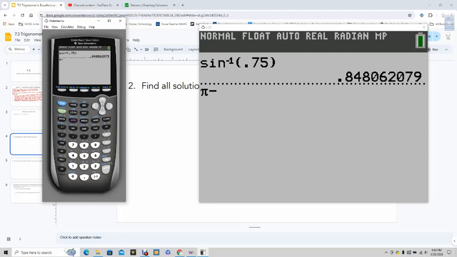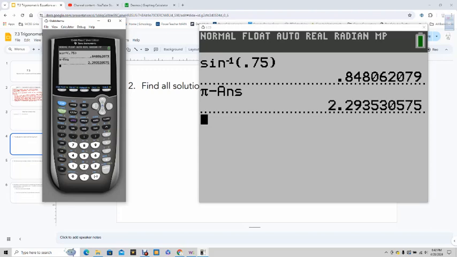To put that angle back in, all we need to do is second negative, and it's going to put the ANS in there. That means you're just putting the last answer in to calculate. So then we can hit enter, and our second angle on the interval from 0 to 2 pi that's going to give us a sine value of 0.75 is 2.293530575.